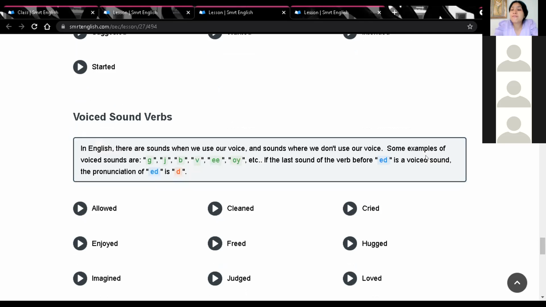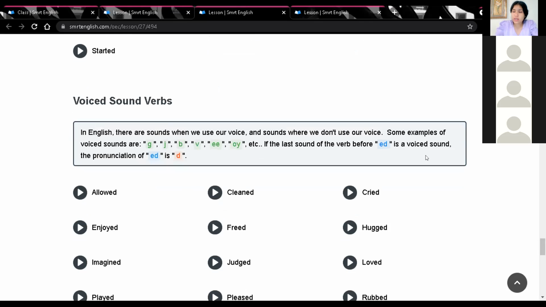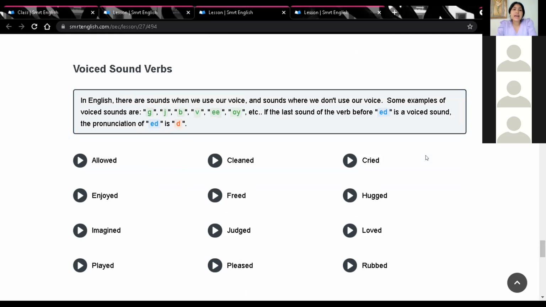Then we have the voiced sound verbs. In English, there are sounds when we use our voice and sounds when we don't use our voice. Some examples of voiced sounds are G, J, B, V, and OI.